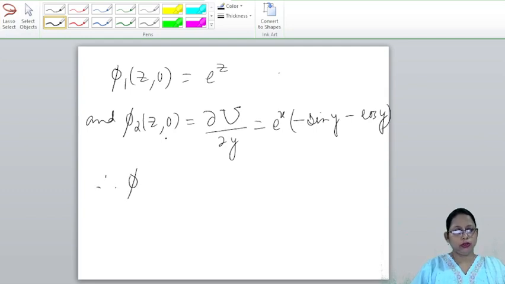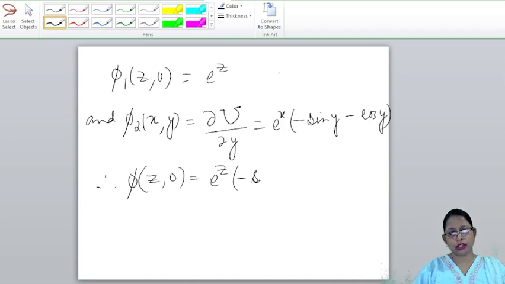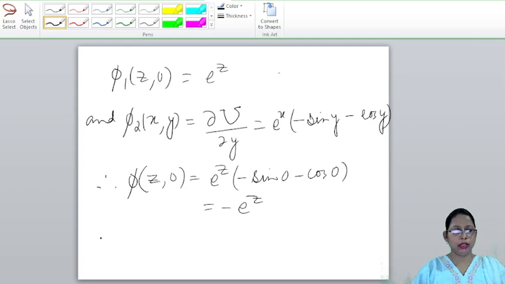Initially it is phi 2 (x, y), a function of x and y, as you can check in the Milne-Thomson method. Now put x equal to z, y equal to 0. You will get e to the power z (minus sin 0 minus cos 0), which is minus e to the power z.